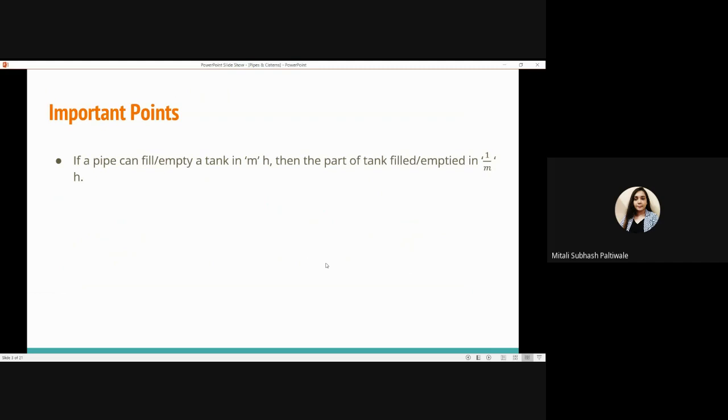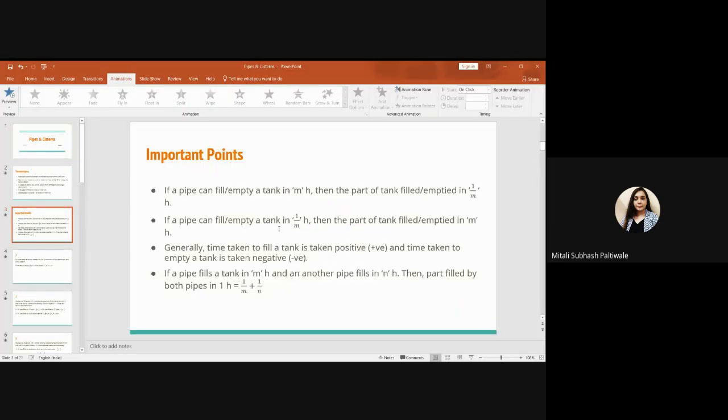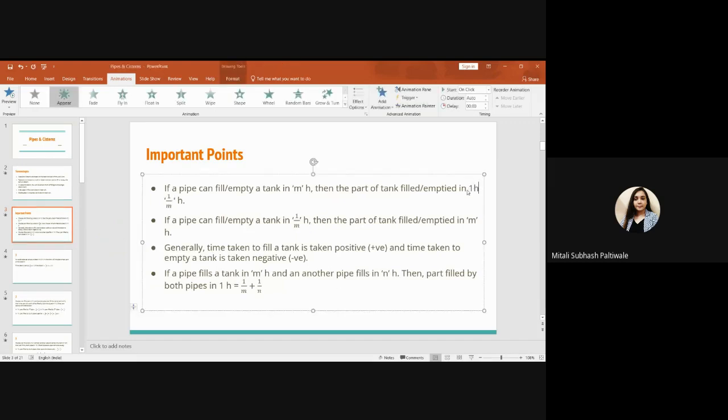For example, if a pipe can fill or empty a tank in 7 hours, then the part of the tank filled or emptied in 1 hour would be 1 by m, that means 1 by 7.